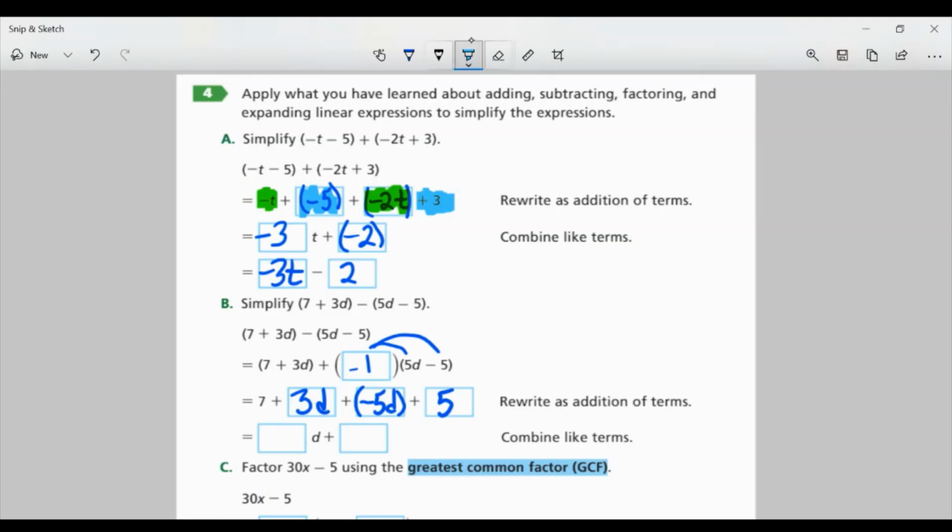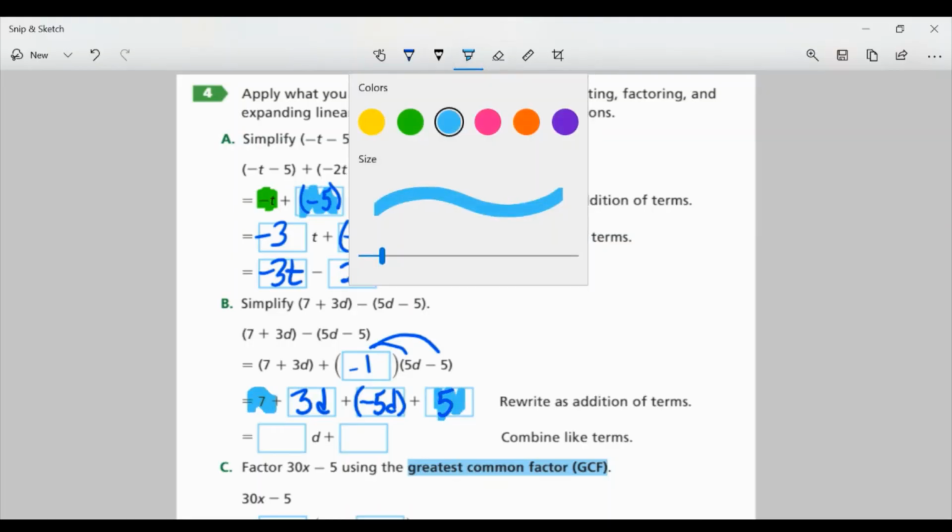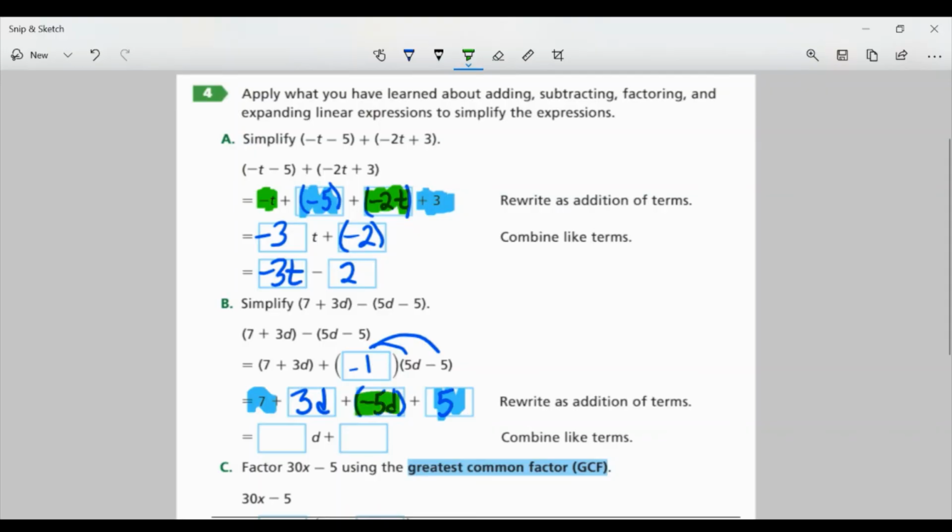So again, I want to combine my like terms. I have integers by themselves, and I have my variables, and the variable is d. 3d minus 5d would give me negative 2d.